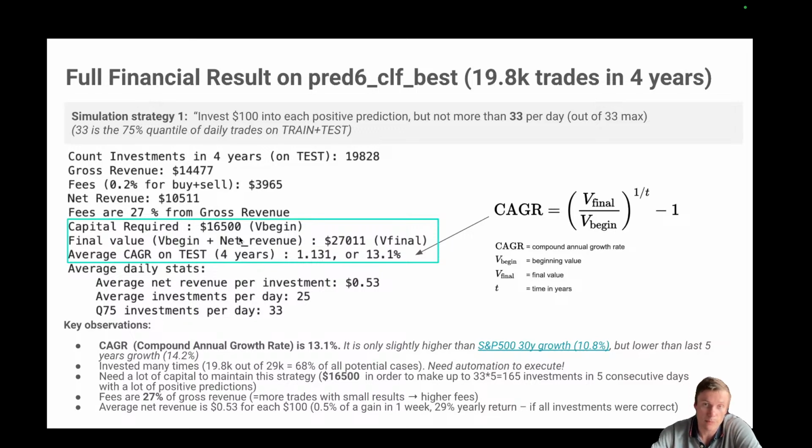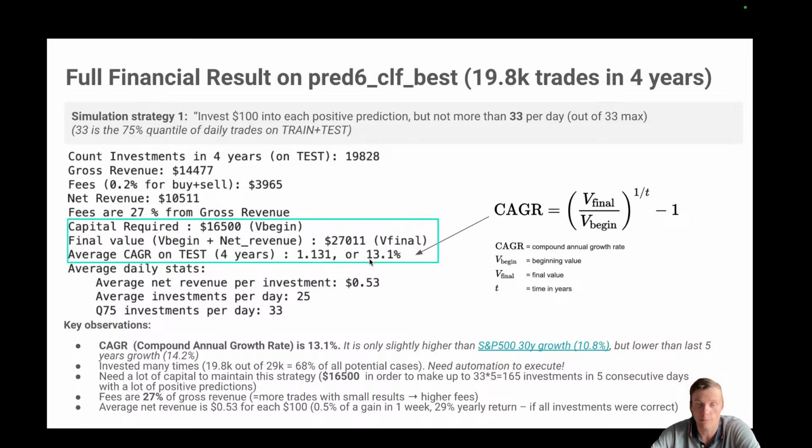This is not bad. And the average compound annual growth rate, which you can calculate with this formula, is 13.1%. And this is the most important metric that we have for any trading prediction and trading simulation.